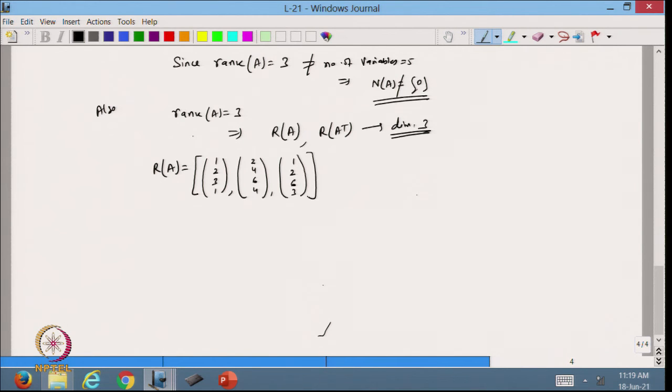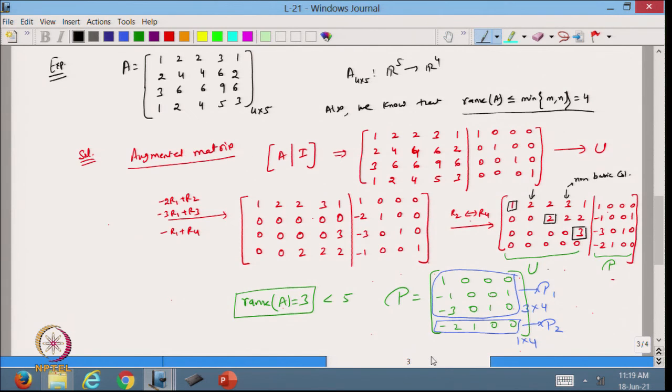So, this is spanned by this one, and you can check that these are also linearly independent. From here you can check, the first contains only 1 0 0, another one contains 2 2 0 0 and the third one contains 1 2 3 0. So, these are linearly independent.